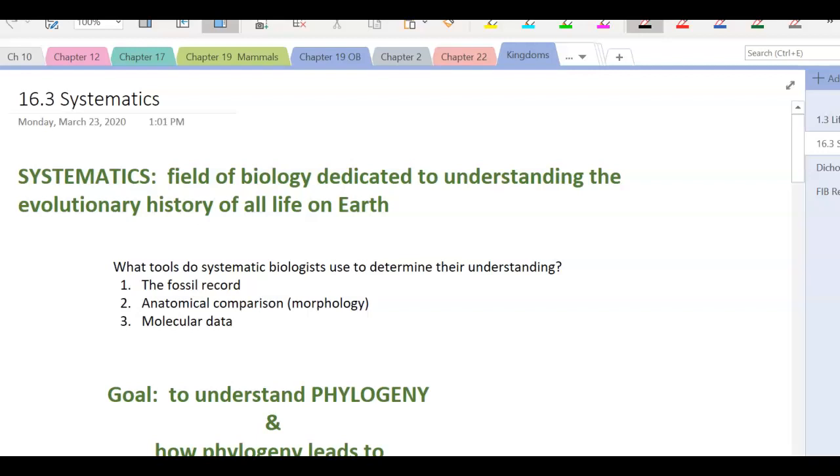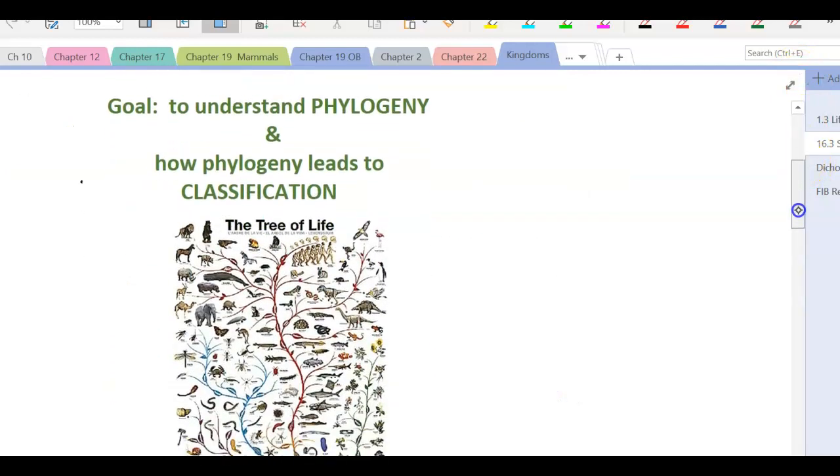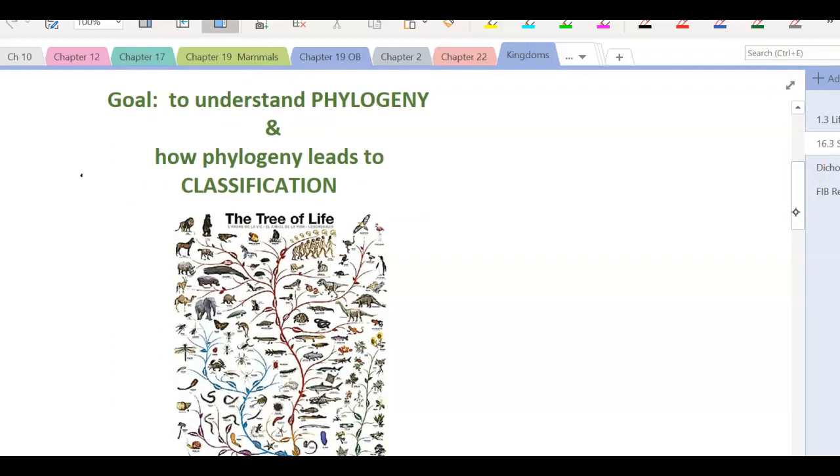Their ultimate goal then is to understand phylogeny, and phylogeny is the evolutionary relatedness of a group of organisms. So when we look at the tree of life, we're talking about all the organisms that share a branch. And so that would be phylogeny, understanding the blue branch, understanding that yellow branch and the organisms on that branch, which ultimately leads to classification.